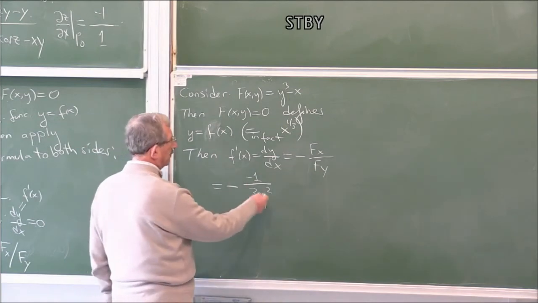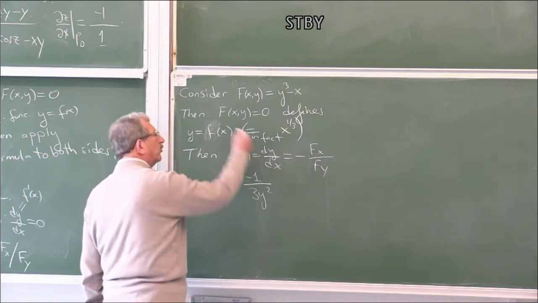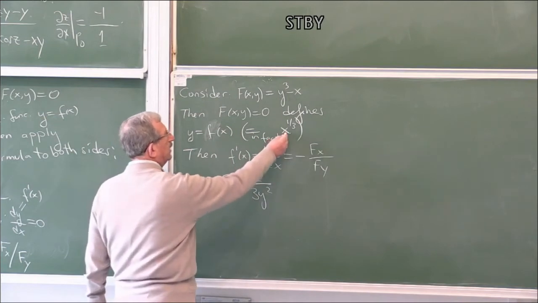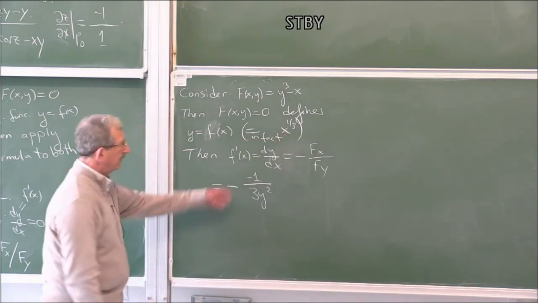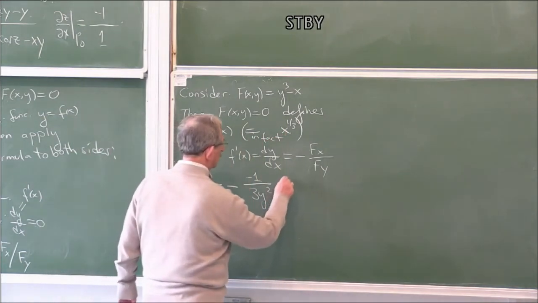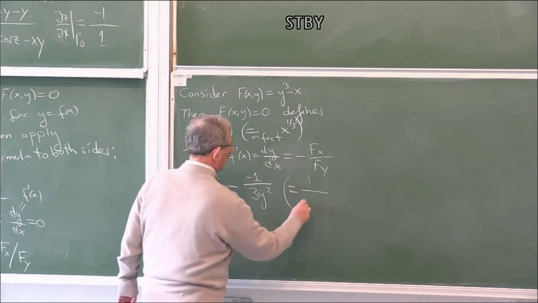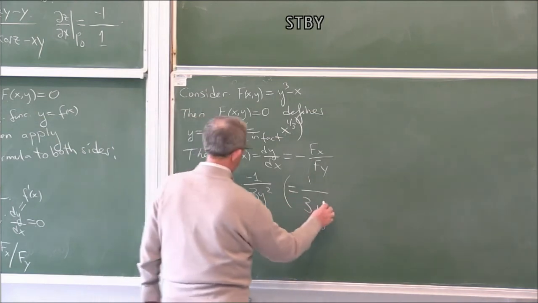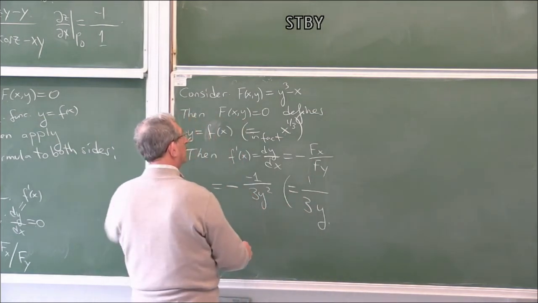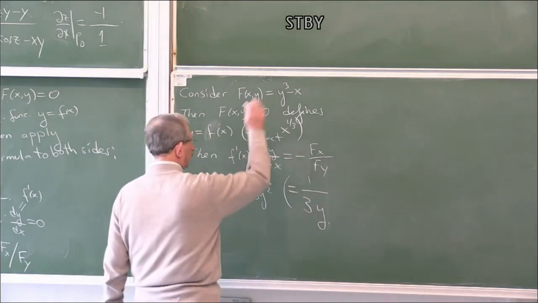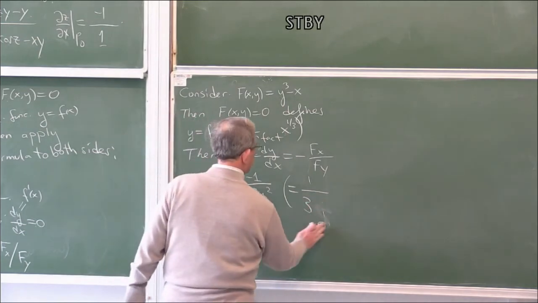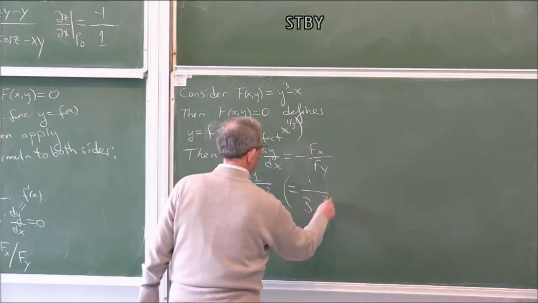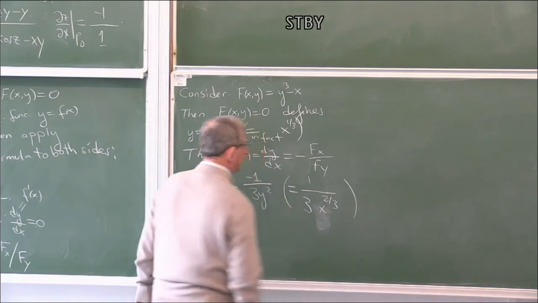Well, you can, if you want, substitute back to x. Actually, because we know what y is, we can directly write it here. So, in fact, this is 1 over 3 y to the power, well, what happens? Y is cube root of x, so it is x to the power 2/3. Okay.